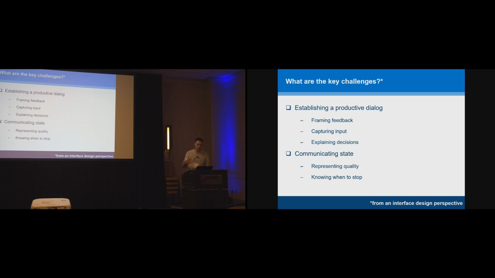Within that, there are aspects of how you frame the feedback about the current state of the system, how you capture input from the user, and how you explain the decisions that the system is making to update its current state. The second part is communicating the current state of the model overall, in terms of representing the quality and the accuracy, but also practical things like knowing when to stop.